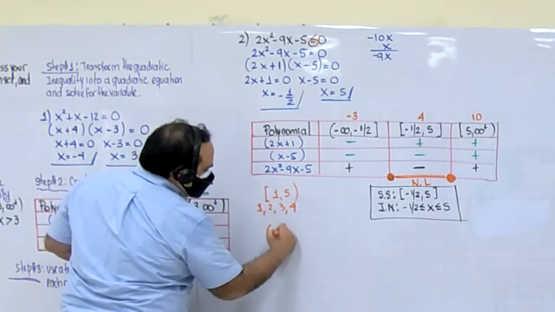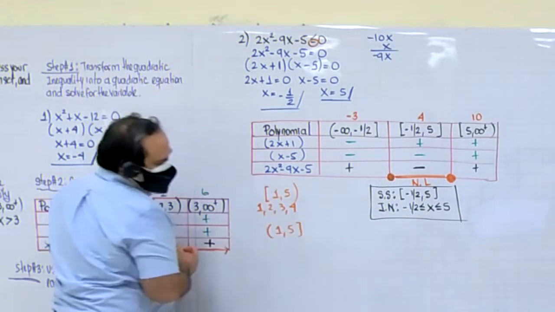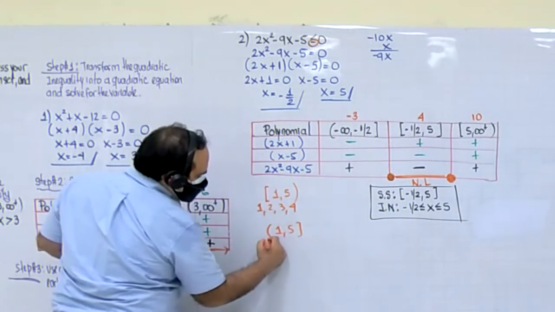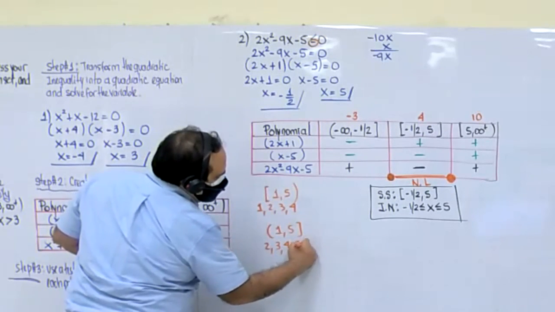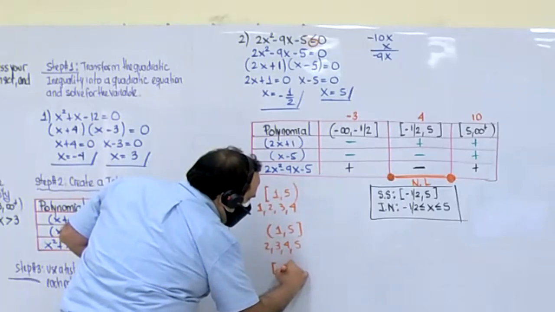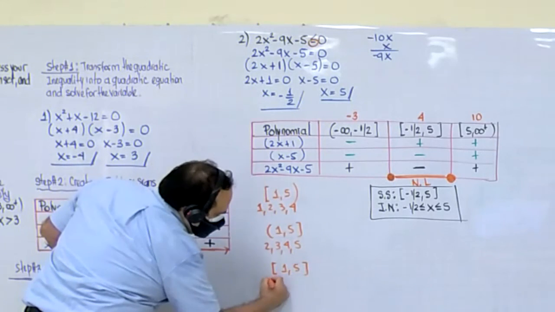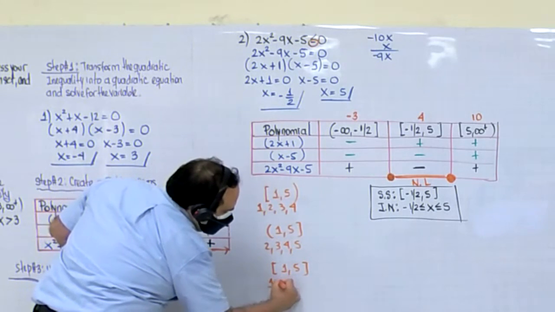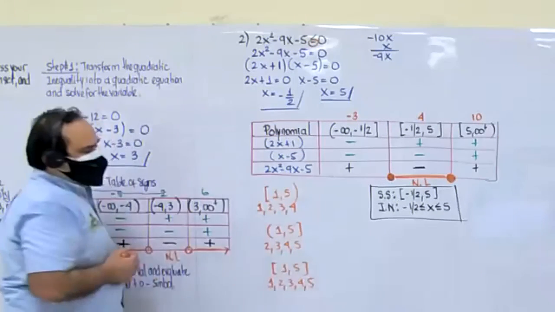But if I said count the numbers from 1 until 5 with a bracket at 5, that means you're going to count 2, 3, 4, and 5. And if I said count the numbers between 1 and 5, and both have brackets, that means 1, 2, 3, 4, and 5.